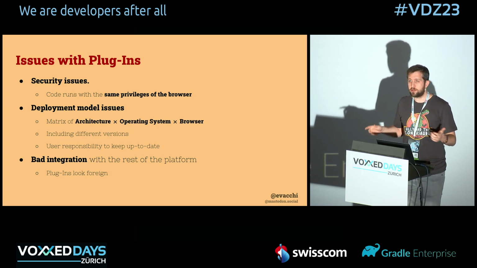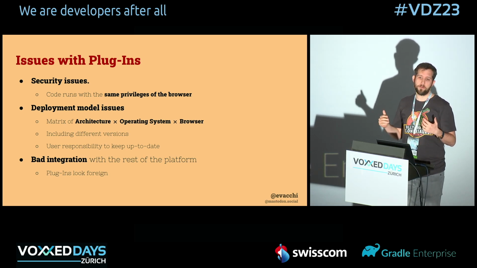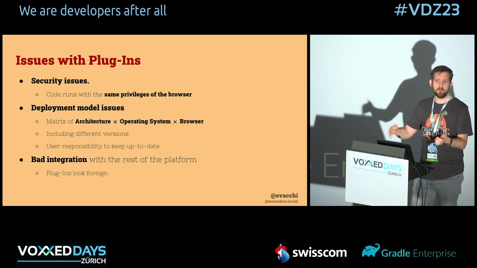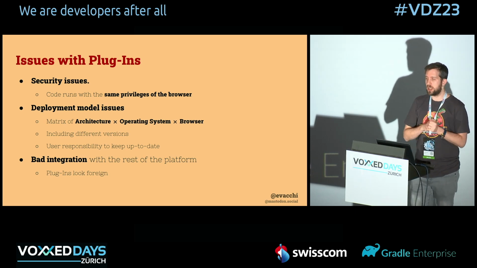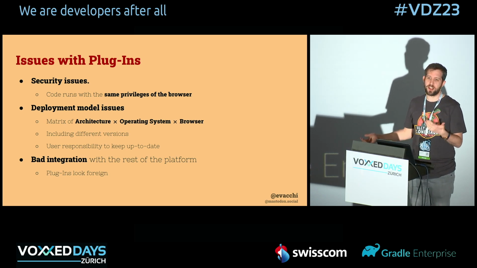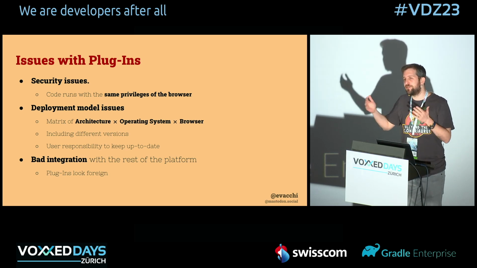Operating systems, of course, there's Windows, there's different versions of Windows, there's macOS, different versions of macOS, there's also Linux and other operating systems. And of course there's browsers, there's Internet Explorer, but there's Firefox, there's Mozilla, there's Opera, and the different versions.